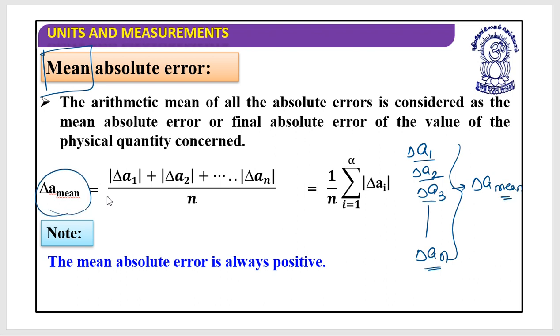So delta A mean is equal to the sum from A1 to AN divided by n. So I write 1 by n, sigma i equals 1 to n, delta Ai. Again, all these errors are positive only, as we talked about in the previous slides that absolute error would be positive only. So it is obvious that mean absolute error must be positive. So this is mean absolute error.